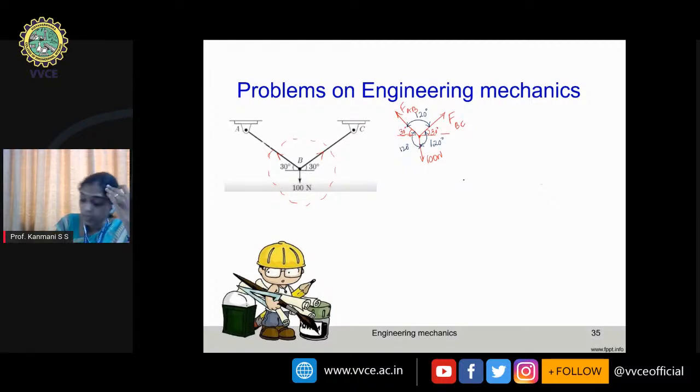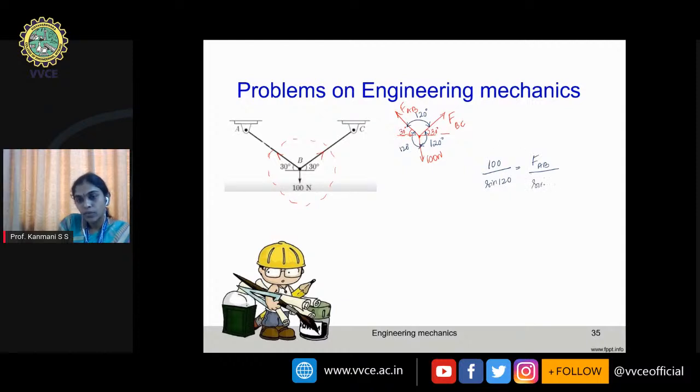Now I'm applying the same Lami's theorem. 100 divided by sine 120 is equal to FAB divided by, see, after FAB, I will leave FAB and take the angle between the other two forces.